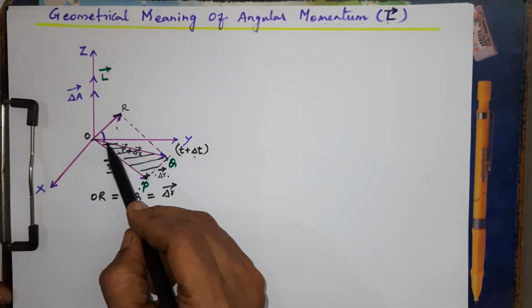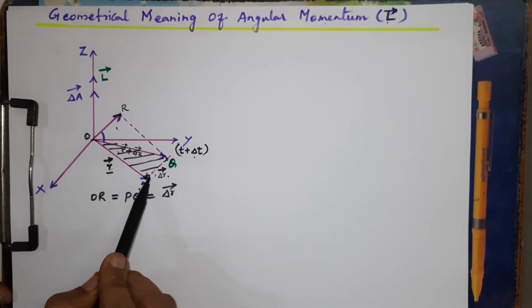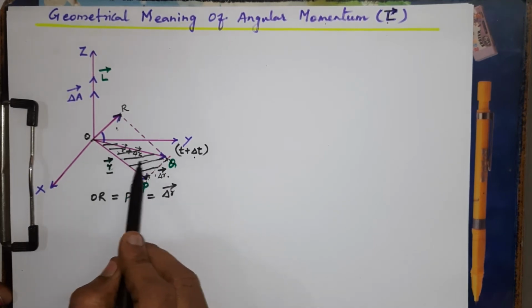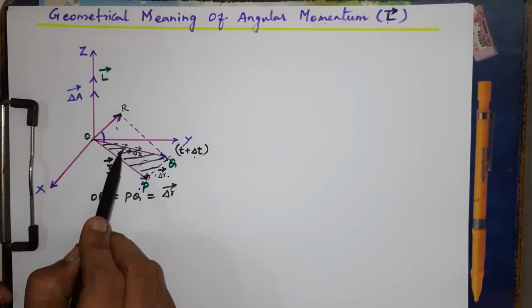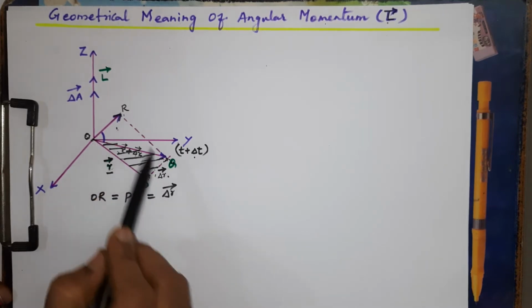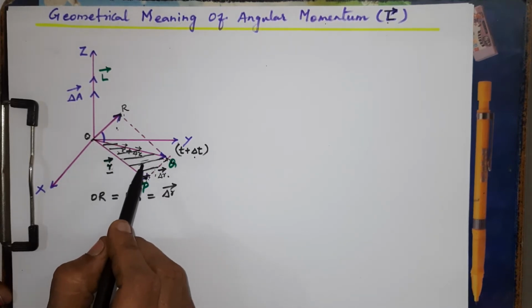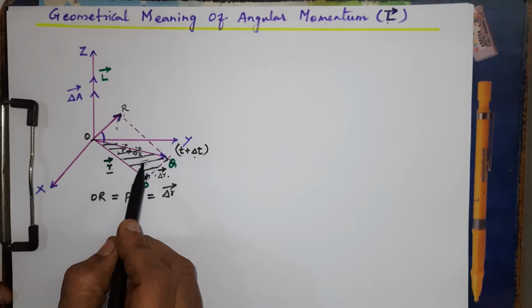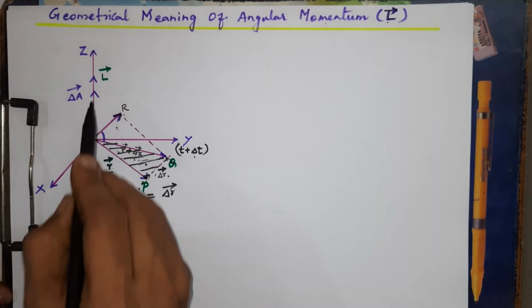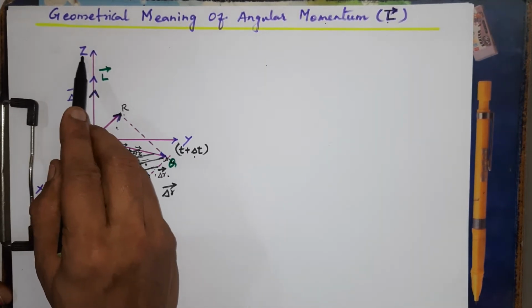So here, when you look at this triangle OPQ, the shaded portion is the area covered by this triangle. This is half of this parallelogram. When we look at the diagram here, ORQP is a parallelogram. Half of this parallelogram is nothing but the triangle, and the area of the triangle is shown as a shaded portion, and this can be represented along the z-axis.